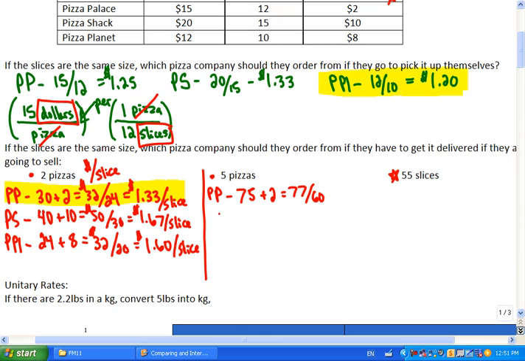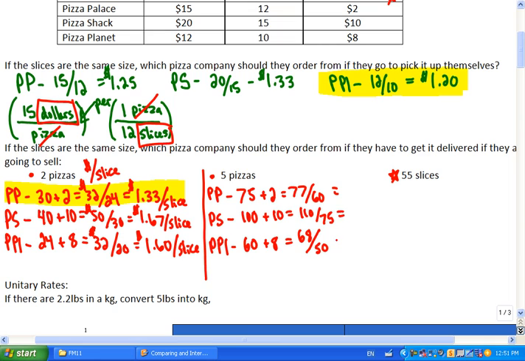If I was to order from the Pizza Shack, that's going to be $110, and how many slices am I getting here? 75 slices. And finally, from the Pizza Planet, it's going to cost $60 plus $8 for delivery. So it'll be $68 divided by 50 slices.